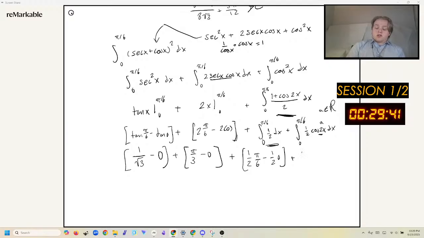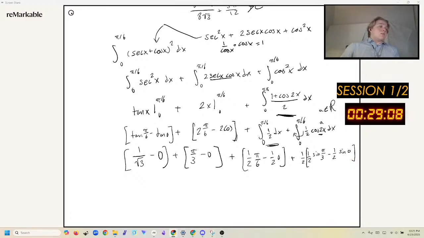So we're going to end up with 1/2 of, because we're just going to assume we've taken this 1/2 outside the integral right here, 1/2 sine of 2 times x, the first being pi over 6, so it's just pi over 3, minus 1/2 sine 0.